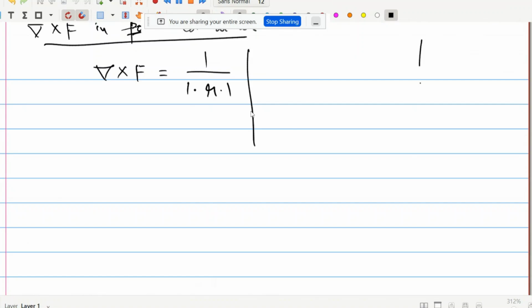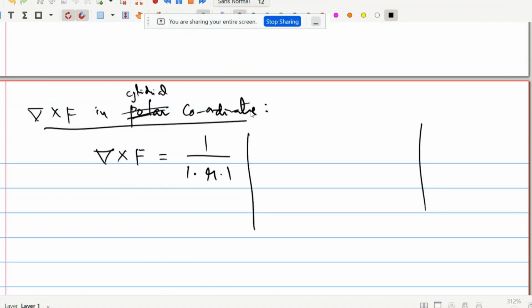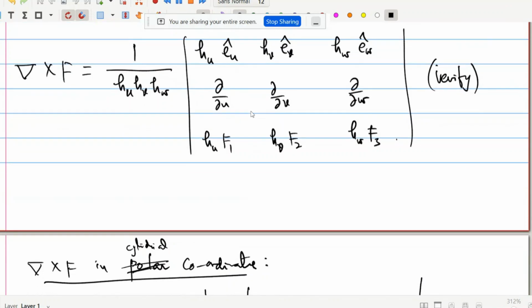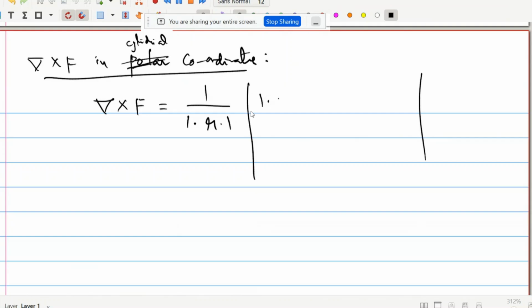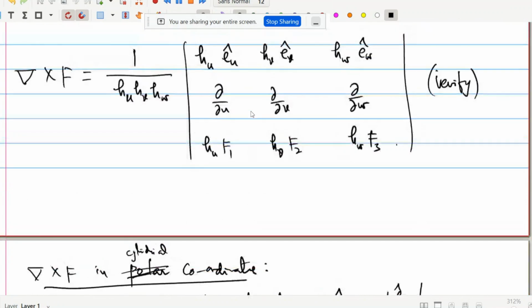And then this determinant: HU 1, U cap, 1 into ER cap, R into E theta cap, 1 into EZ cap. That is simply K only. What else you have? So dou R, dou theta, dou Z. That is your second row.